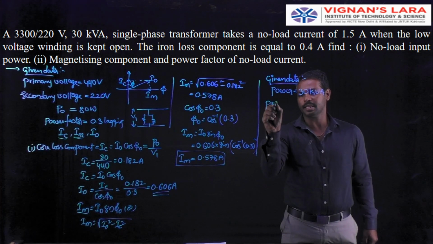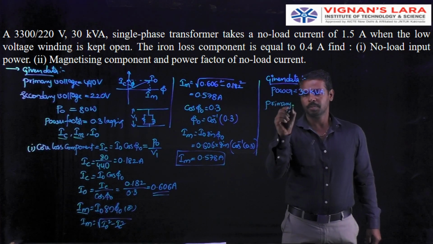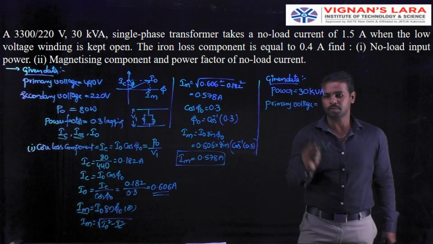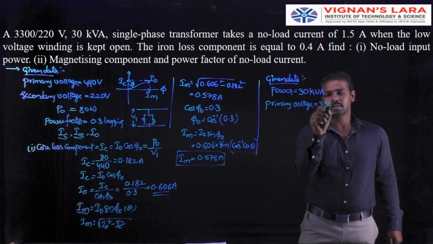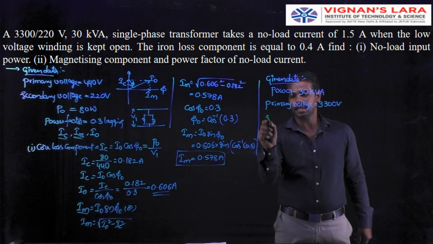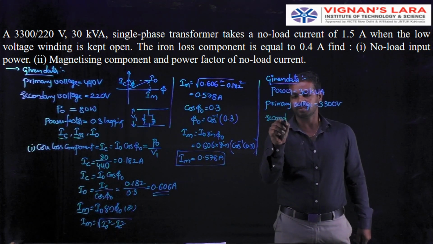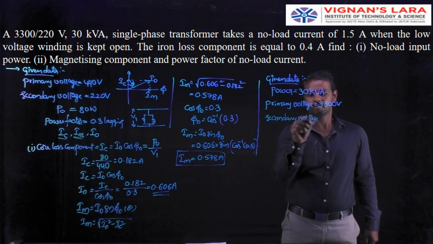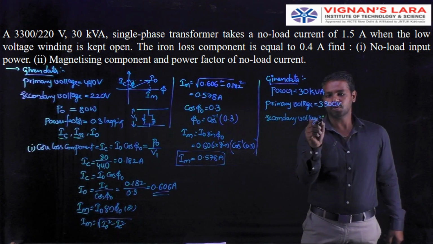Primary voltage is equal to 3300 volts. Secondary voltage is equal to 220 volts.